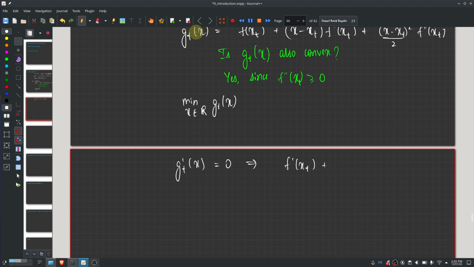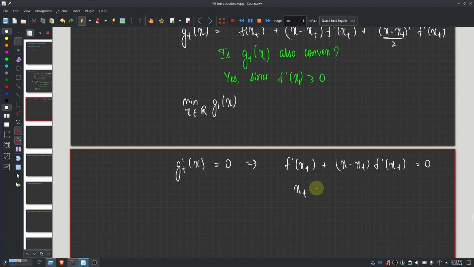So in this, xt is really a constant for us. And when I'm saying the derivative, it's the derivative taken with respect to x. So this plus (x minus xt) times f double dash of xt, you want to set this equal to 0.